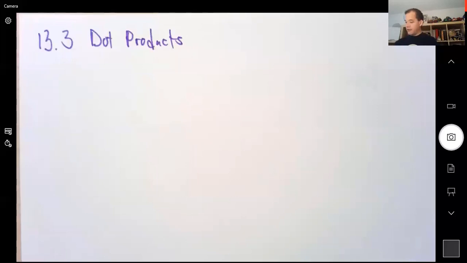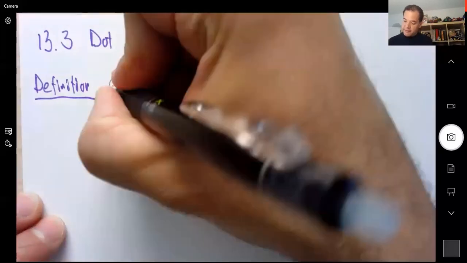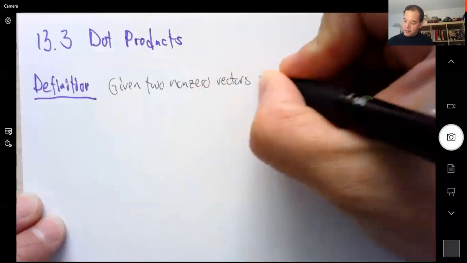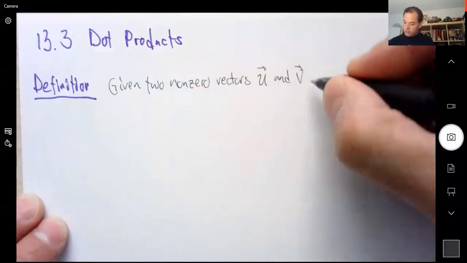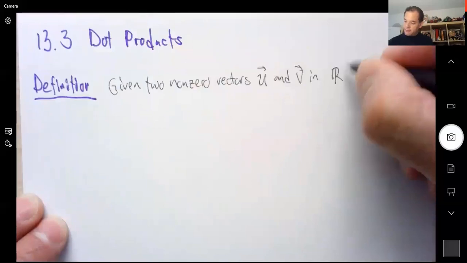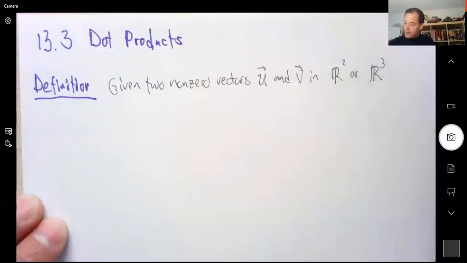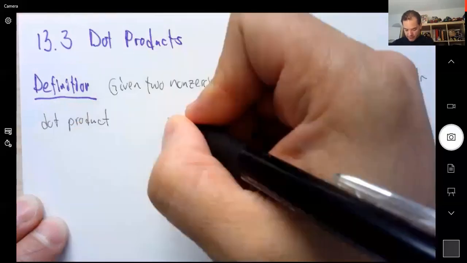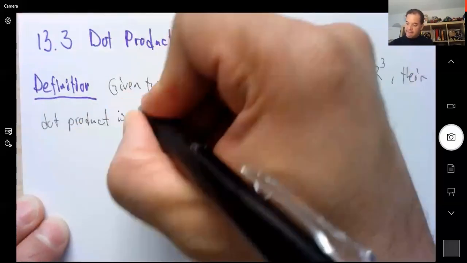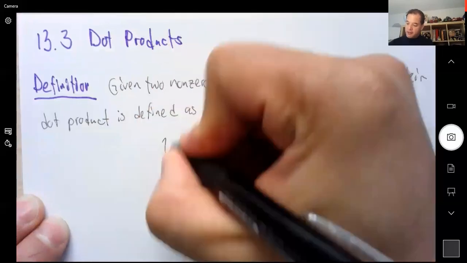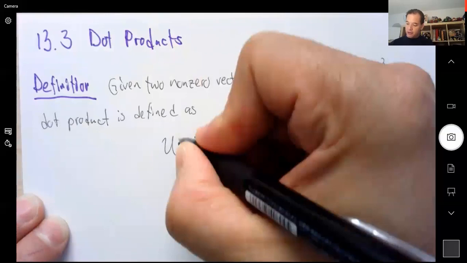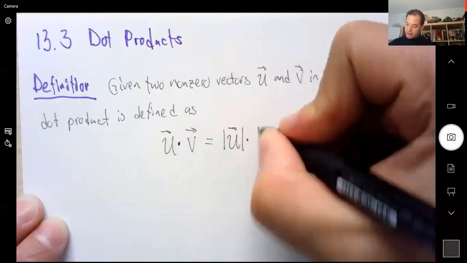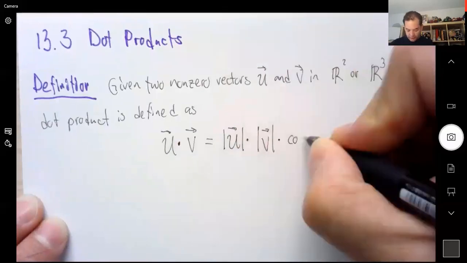So here is the definition. Let's go right ahead and write the definition. Given two non-zero vectors u and v in 2 or 3 dimensions, doesn't matter, the procedure will be the same, their dot product is defined as, here we go, u dot v, and that's how you use a dot. u dot v is the magnitude of u times the magnitude of v times the cosine of theta.